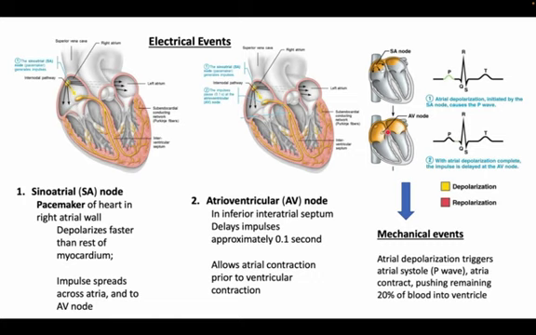Therefore, whenever the atrium is in a depolarized state, that causes the P wave. In the mechanical event, this is when the blood starts pushing out of the atrium. That means the atrium is contracting.